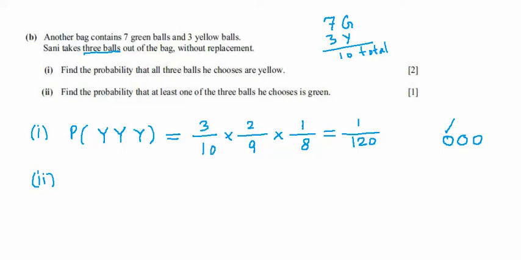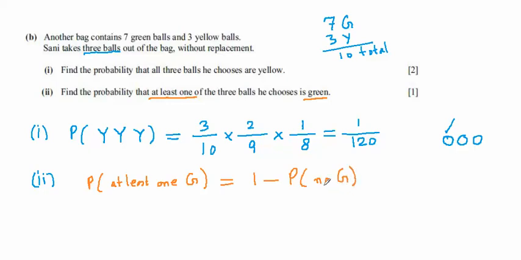So remember, whenever there is a probability of at least one of some condition, and the condition is green. So probability of at least one in the 3 is green, is equal to 1 minus the probability of no green.